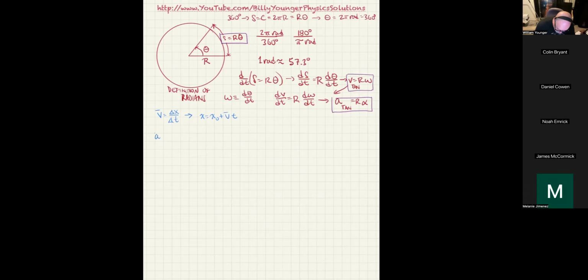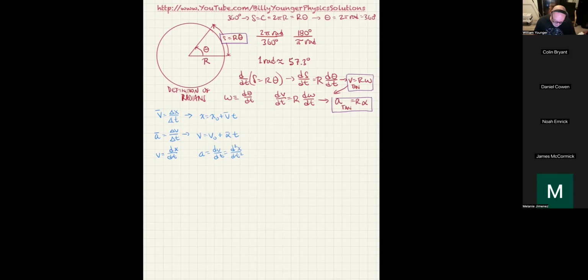Similarly, we could say the average acceleration was delta v over delta t, and that would give us the equation v is equal to v0 plus alpha bar t, again changing the delta t into t. Of course, we also have the equivalent, which was the instantaneous velocity, is dx or dr over dt. And we also had a is equal to dv dt, which is d2x over dt squared.